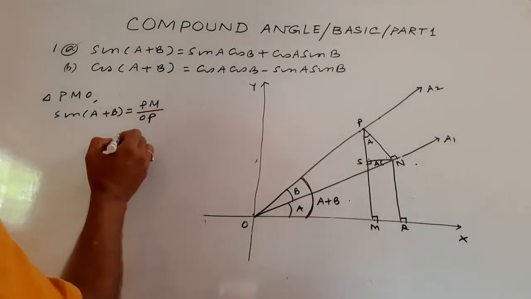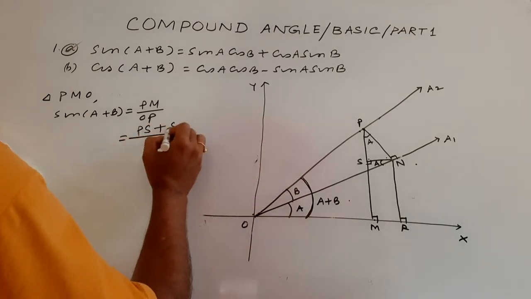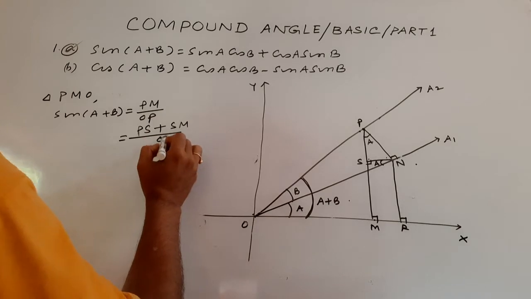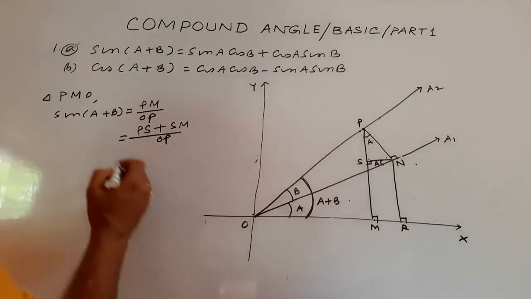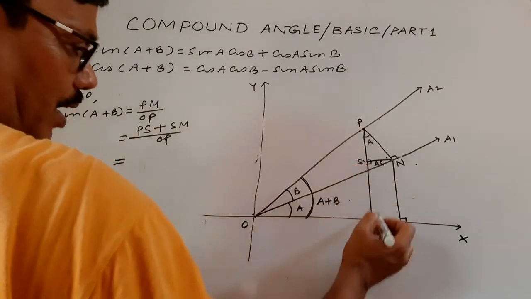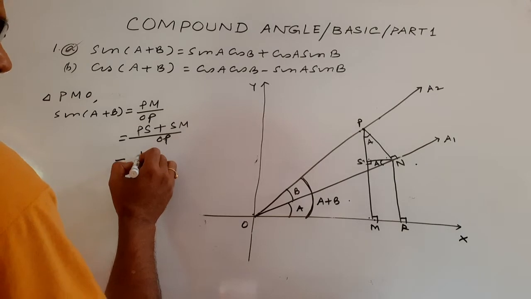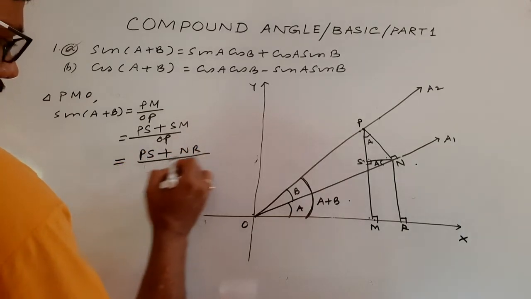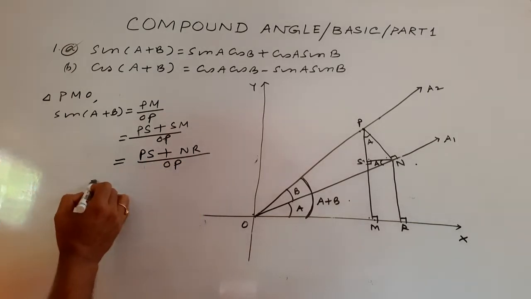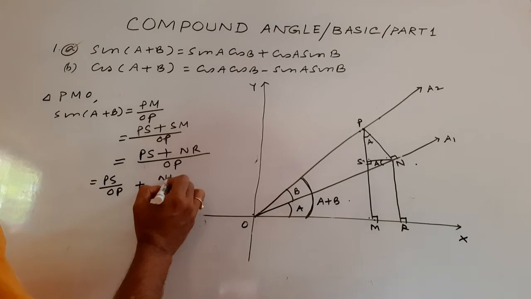Now what is PM? PM is the sum of PS plus SM. Now what is SM? SM is NR, this is a rectangle. So PS plus NR by OP, so PS by OP plus NR by OP.